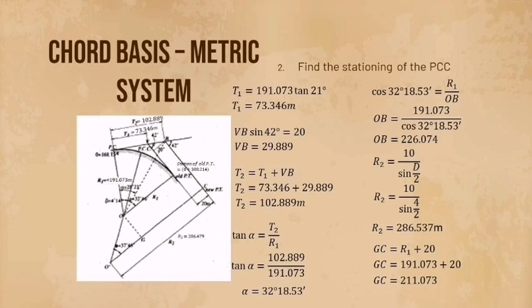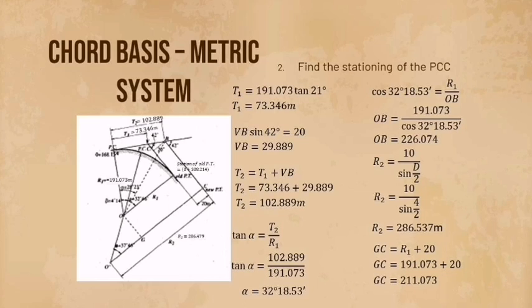So, going to tangent distance 2, or T2 equals T1 plus the VB. So again, the value of our T1 is 73.346 plus the 29.889 of VB. If we add them, we will get the answer of 102.889 meters.